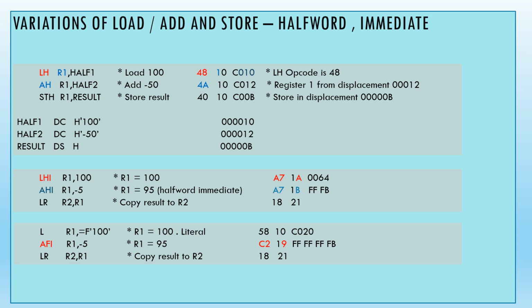So this is your base register plus displacement. In case there is no address, we are given direct values like 100, -5, etc. The value itself will come here, and if you give a literal, space gets allocated, so the address of that value will come here. We will see some more instructions in the next slide.